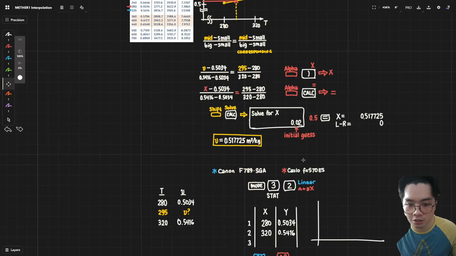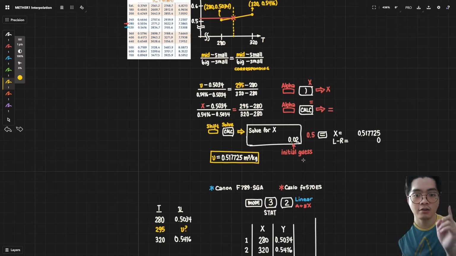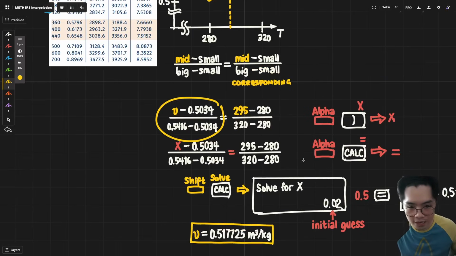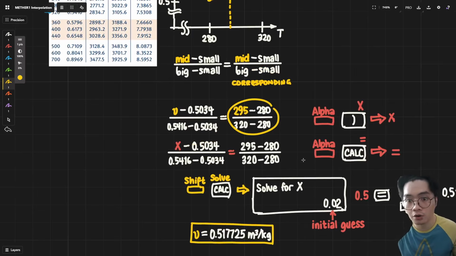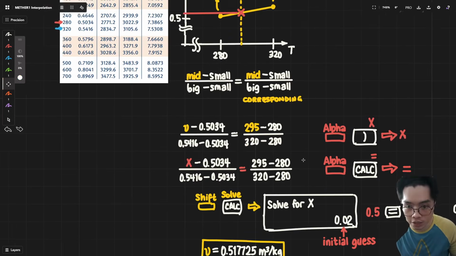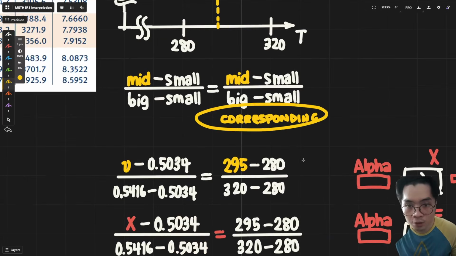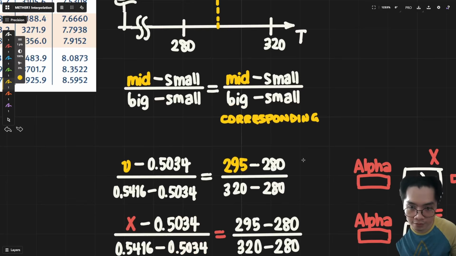So that is how you get it without going through the whole hassle of doing this. Of course, there are advantages and disadvantages in here. Such as you can very clearly see that all of the values for X are on one side and all of the values for Y are on the other side. What does that mean? You're less likely to get this wrong. However, the disadvantage here is that you are more likely to get it wrong if you get the corresponding rule wrong.